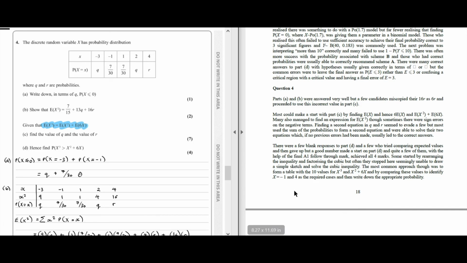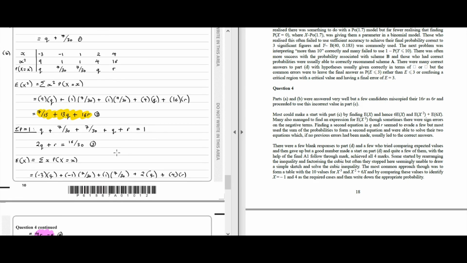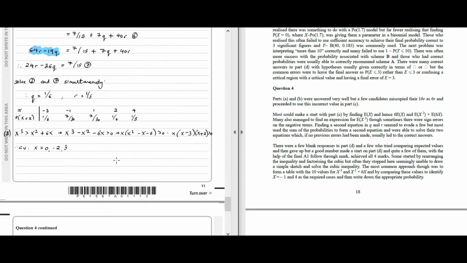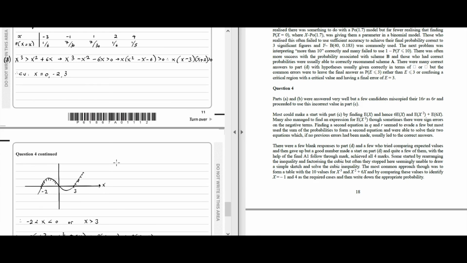Some started by rearranging the inequality and factorizing the cubic, but often they were stopped here, seemingly unable to draw a simple sketch or solve this cubic inequality. I don't think that was actually quite difficult. It's something that you can even do on your calculator as well, solving a cubic inequality, so it's not a hard thing to do. And that's of course once you rearrange correctly, like you've done over here.